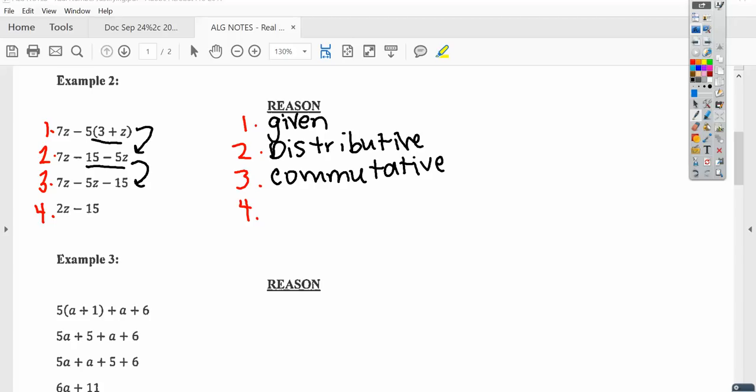Since it's subtraction signs, I can squeeze in addition signs, so it's of addition, because that's like saying negative 15 plus negative 5z. There's that invisible plus sign. Then if I look at step 3 to step 4, what changed? Well, 7z minus 5z makes 2z. They combine like terms, so you can say CLT, or I was going to say they added. Okay?